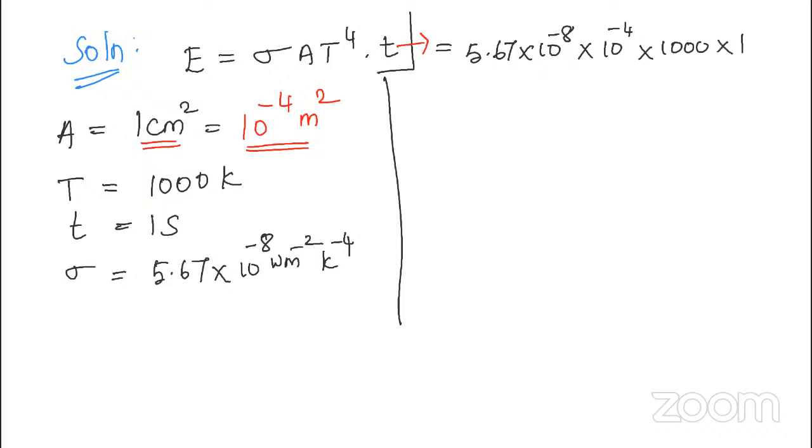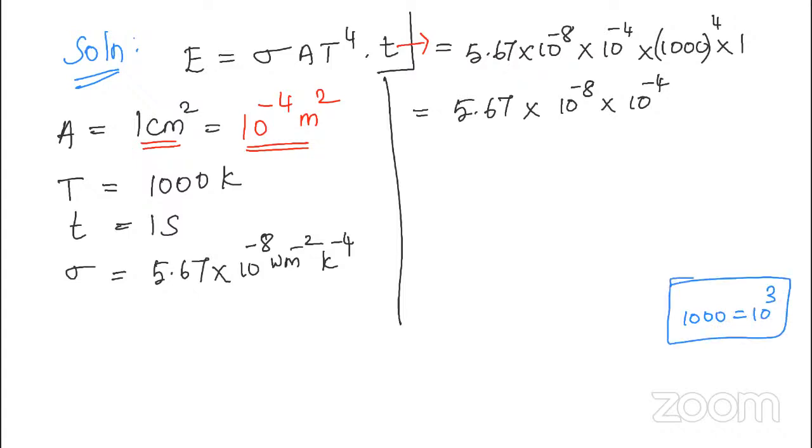We write 1000 as 10 power of 3, so it is 10 power of 3 the whole power 4, into 1.